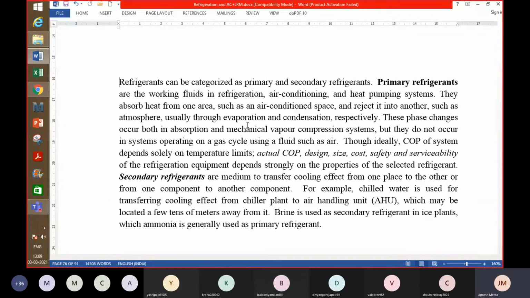Okay, so you have some idea about the water chilling plant where the primary refrigerant is R22, but the secondary refrigerant is water. Water is cooled with the help of the primary circuit of refrigeration.